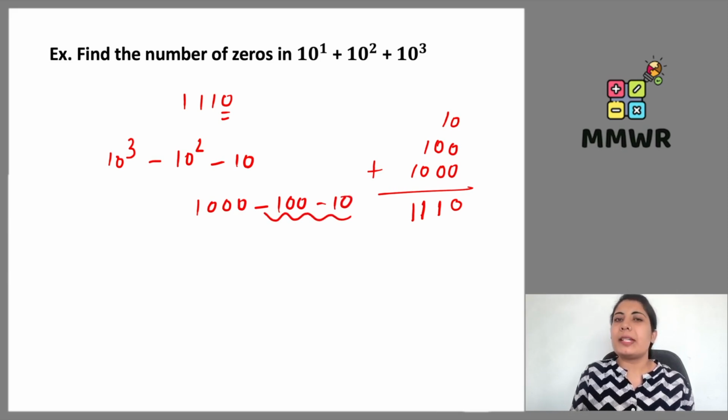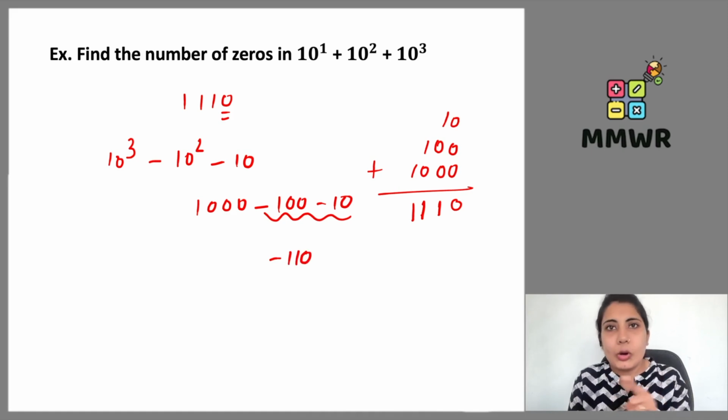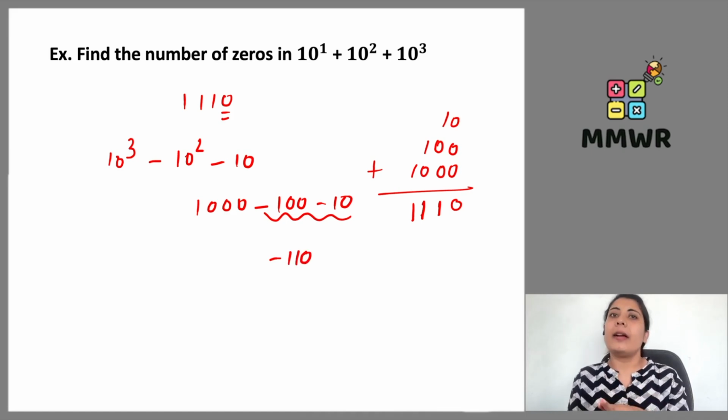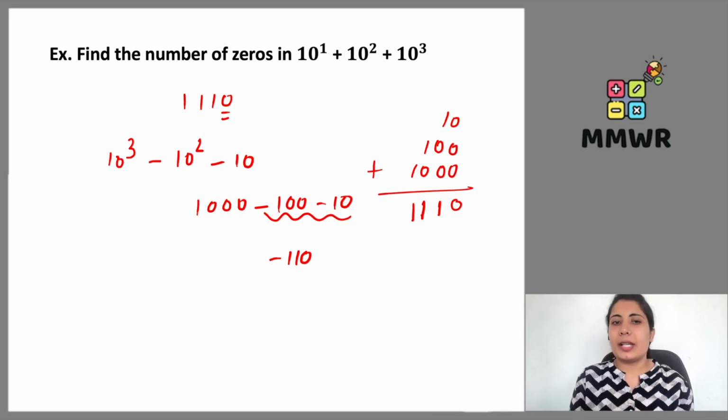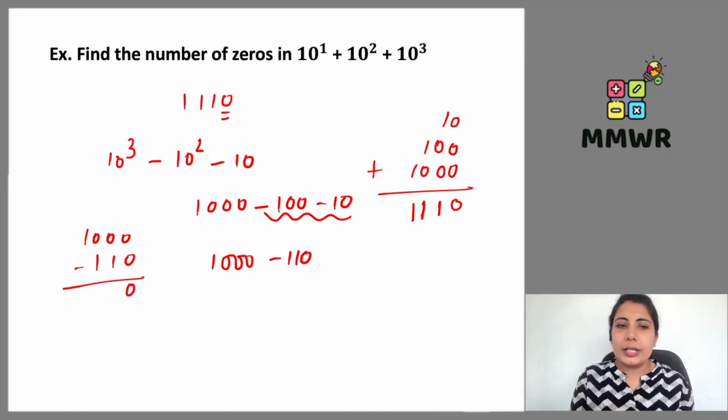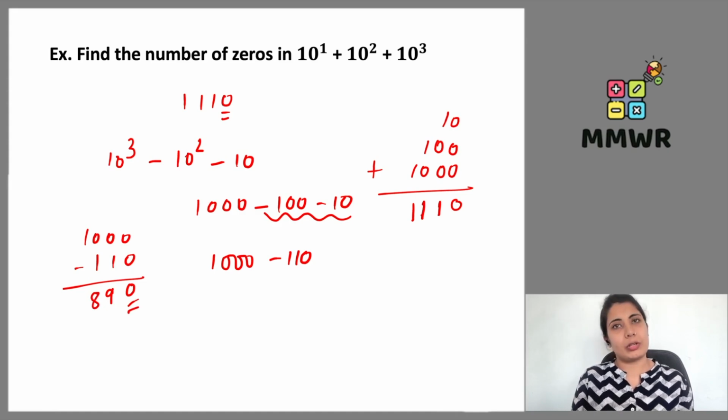So minus 100 minus 10 means minus 110, right? We will be adding all these: 100 and 10 gives us 110 with negative operation. So 1000 minus 110 gives 0 here, 9, and 9 minus 1 is 8. So we are getting only one 0 here also.